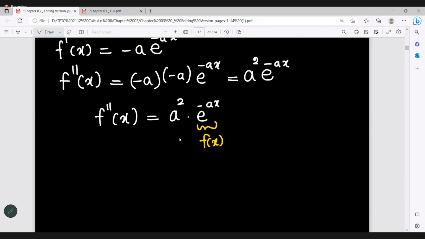So then we can write an expression for this as f double dash x is equal to a to the power 2 times f of x. This is a special observation that we have obtained by using this given example.